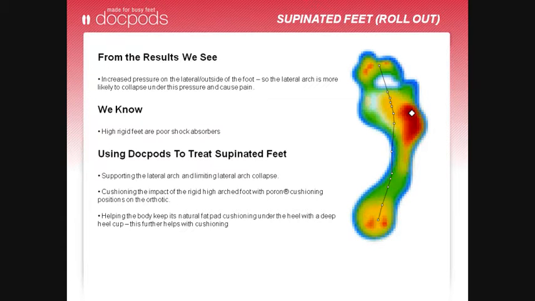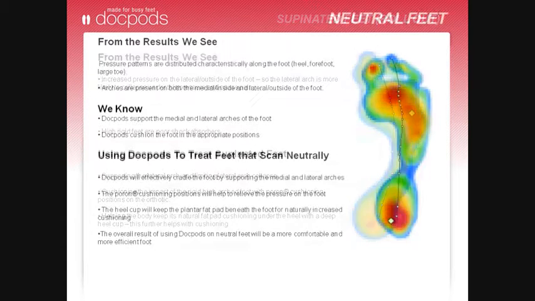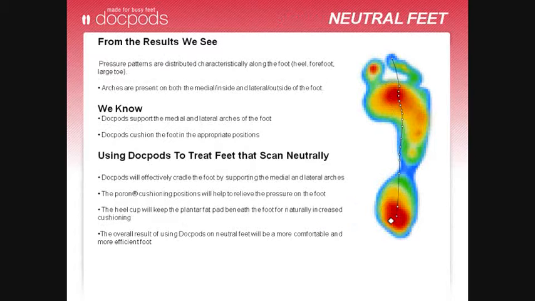The next footprint image is of a typically neutral foot. You can see that there's arches present on both the medial and lateral side of the foot. We know that our inner soles support both the medial and lateral arches of the foot without destabilizing the foot. They also cushion the high impact areas you can see here on the footprint image.